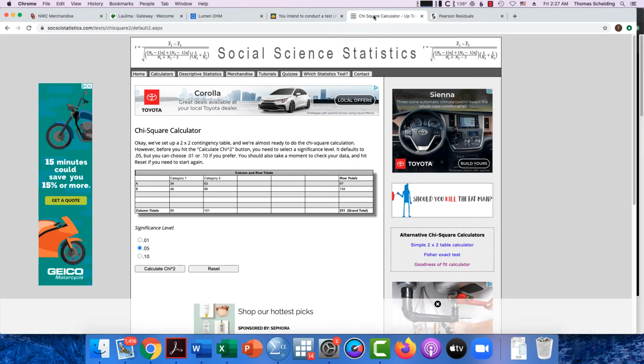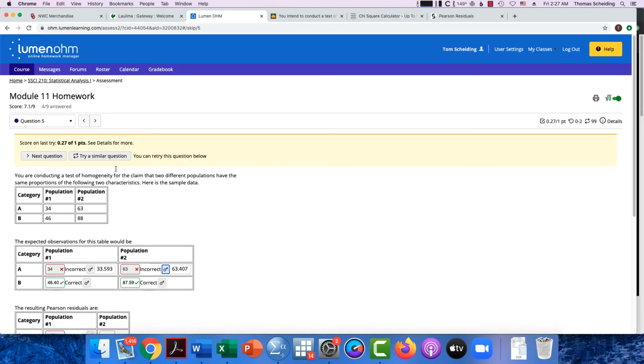Which means I'm going to take row total, 97, times column total of 80 and divide it by 231. And when I do that, I get 33.593.